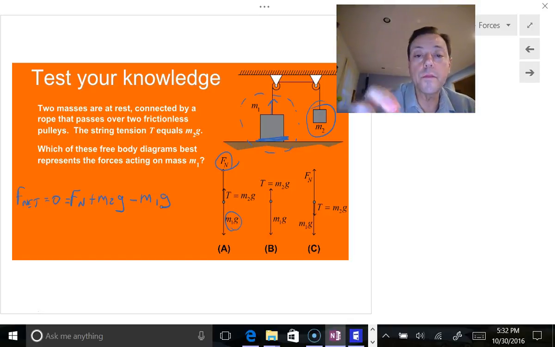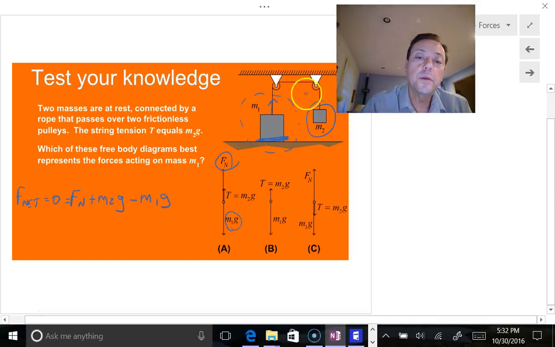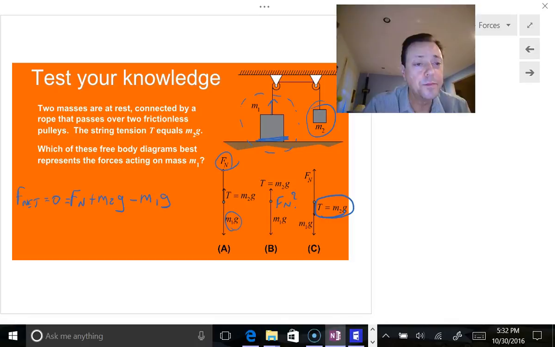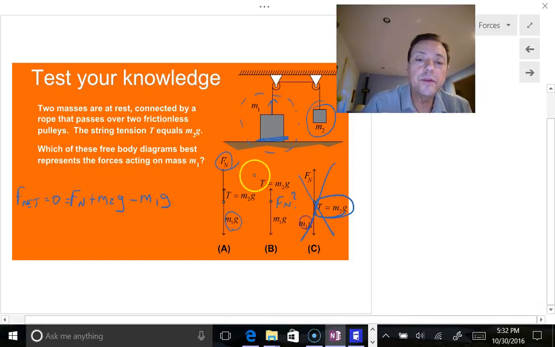Well, I would say it was A, because B is okay, but it's missing the normal force. I don't know where that is. And C is a little strange because the tension is pushing the object down, according to this. You can't really push something with a string. It doesn't work too well. So that leaves us with choice A as the correct free body diagram.